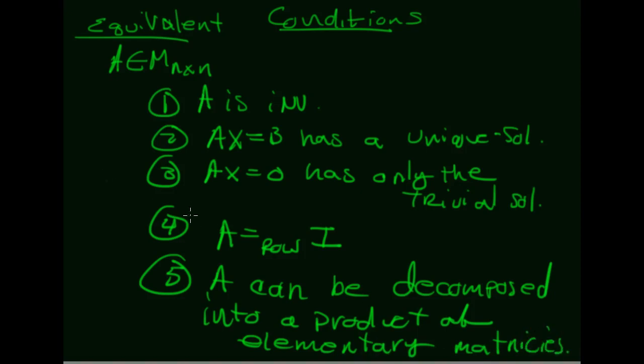If any of these 5 things is true, they are all true, and if any of these 5 things are false, they are all false. So this is our first equivalent conditions theorem. It won't be our last. This list is just going to keep growing of things that are all logically equivalent to each other. All right, so there you go. That's elementary matrices and matrix decomposition.